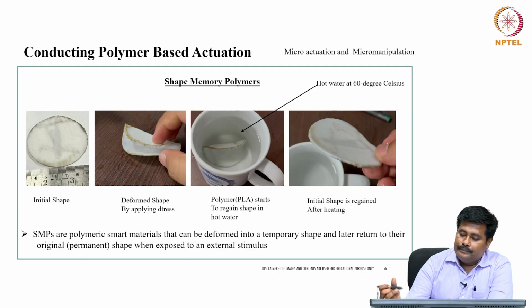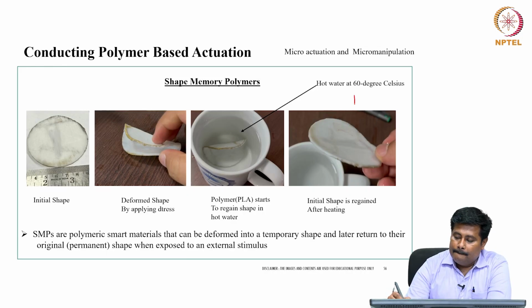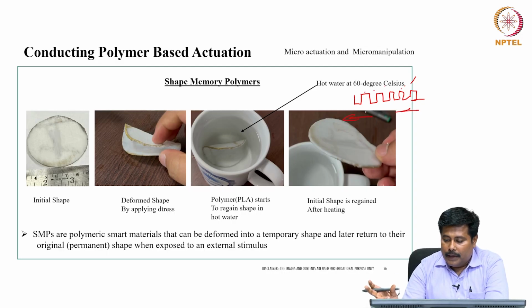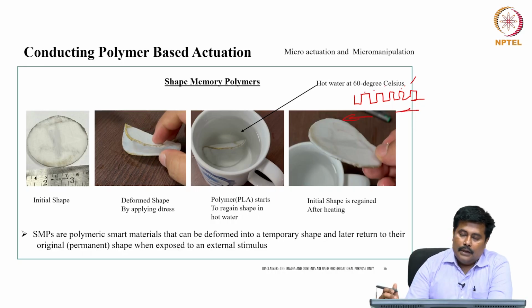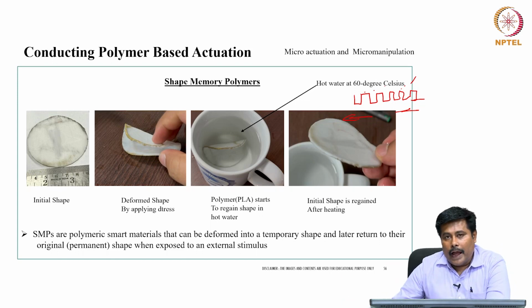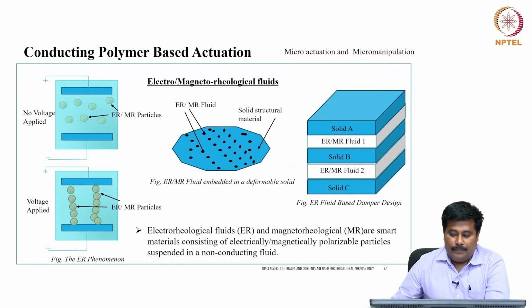For example, if this structure is there, by spraying hot water we can appropriately displace it to get the structure. These shape memory polymers are polymeric smart materials that can be deformed later, and can be actuated through an external stimulus.